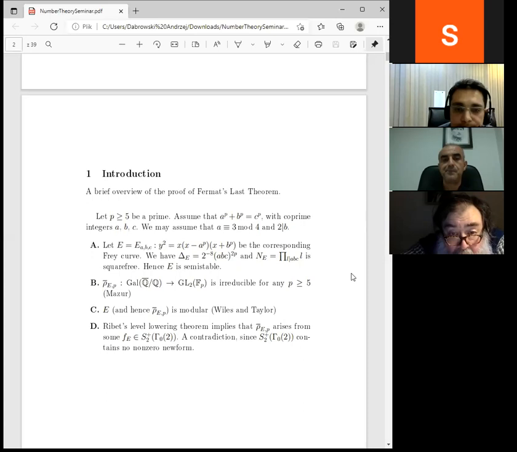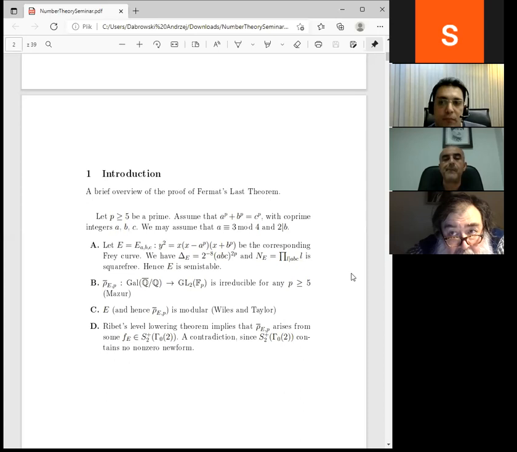Let me mention a very deep result of Mazur: if we consider any elliptic curve over the rationals, then the corresponding representation mod p is irreducible for any prime p bigger than 163.